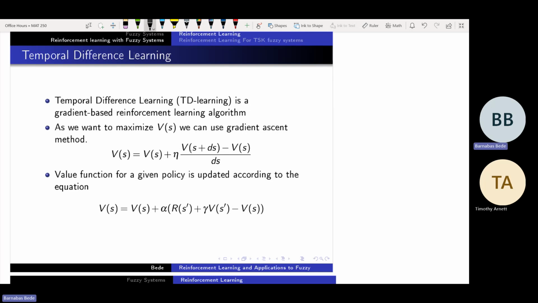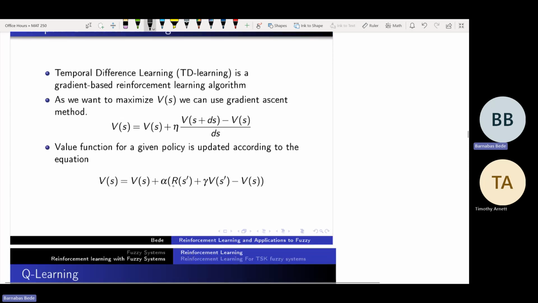Now, what is S plus dS? This is basically your next value function, which you can approximate as R of S prime plus gamma times V of S prime.